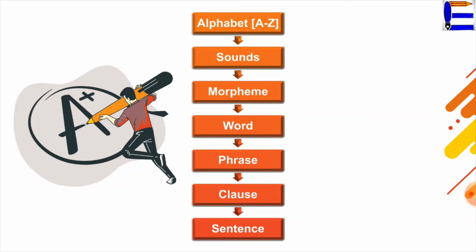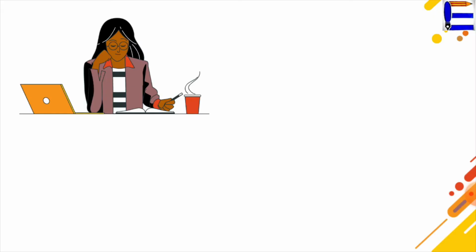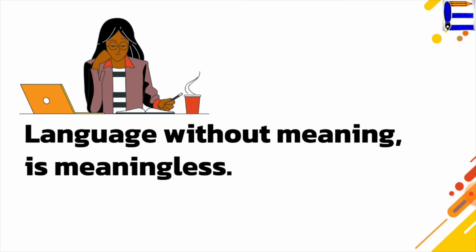Sounds make the morpheme, that is the minimum meaningful unit, and a combination of morphemes makes words. Words make phrases, phrases and clauses, and then sentences. Thus, language is structured. But all these words, phrases and clauses are meaningless if they do not convey any meaning. Dear students, language without meaning is meaningless. The branch of linguistics which focuses on the meaning of words is semantics.